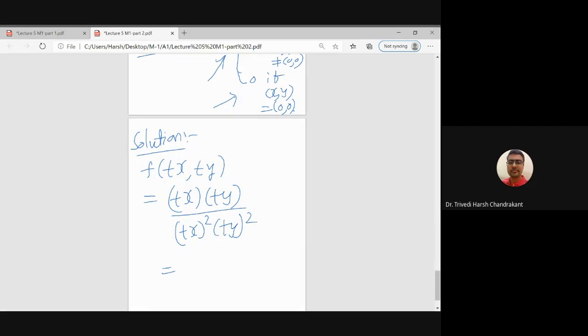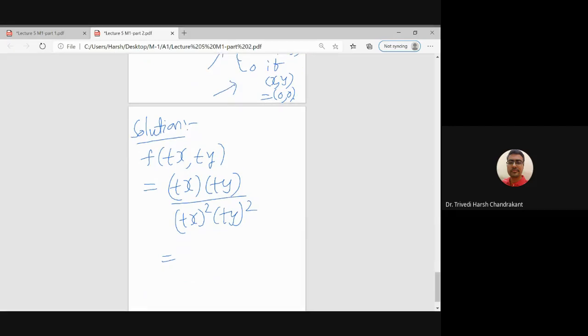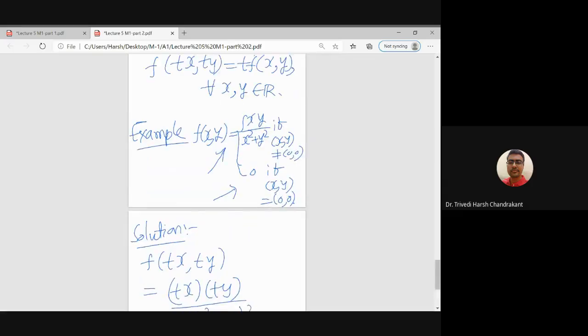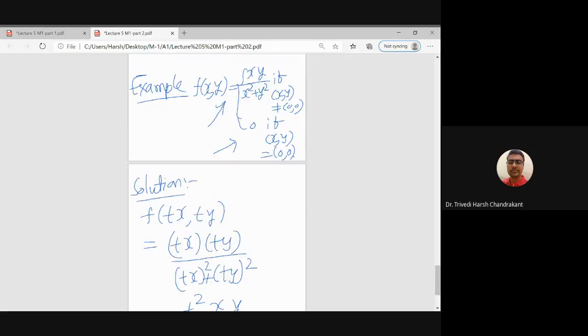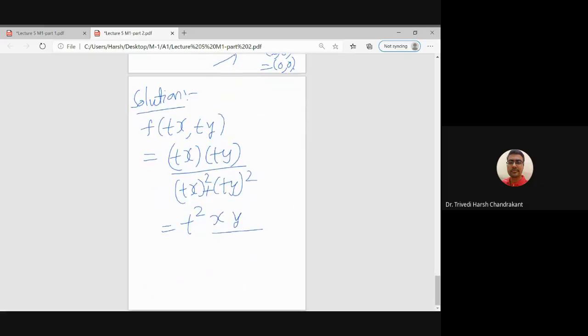Now if we take the power of t which is common in numerator and denominator, what we will get? We will get t square xy in the numerator. I forgot the plus sign, we need to write plus here because the denominator is x square plus y square. So in the denominator we get t square times x square plus y square, since t square I have taken common.